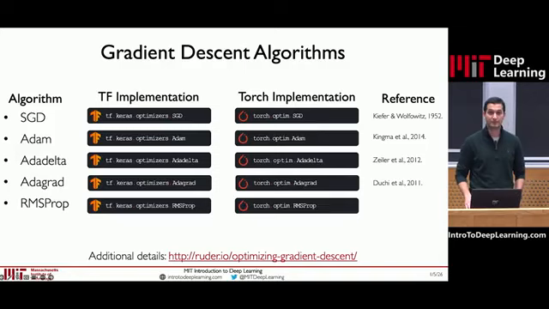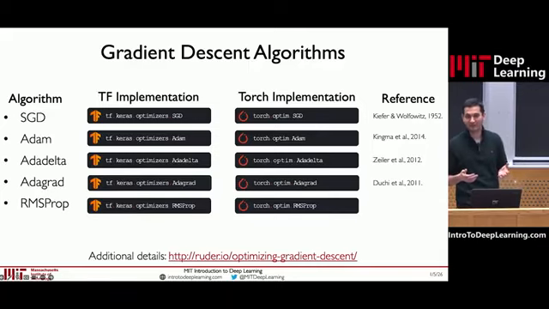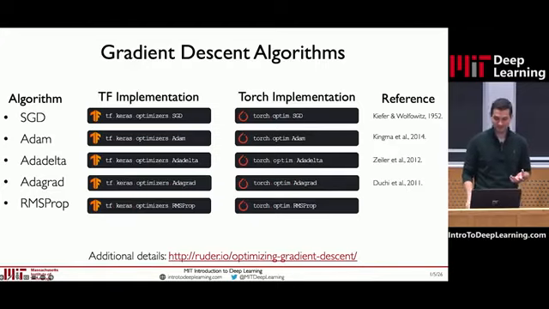So we saw the most basic version of stochastic gradient descent previously, but there are a bunch of other variations of gradient descent algorithms called ADAM, ADA-delta, ADA-grad, RMS-prop, et cetera, that you'll get a lot of practice with throughout your software labs. And in general, these are actually much better types of optimizers for the reasons, especially around setting learning rates and making sure that you can actually find these minimum.